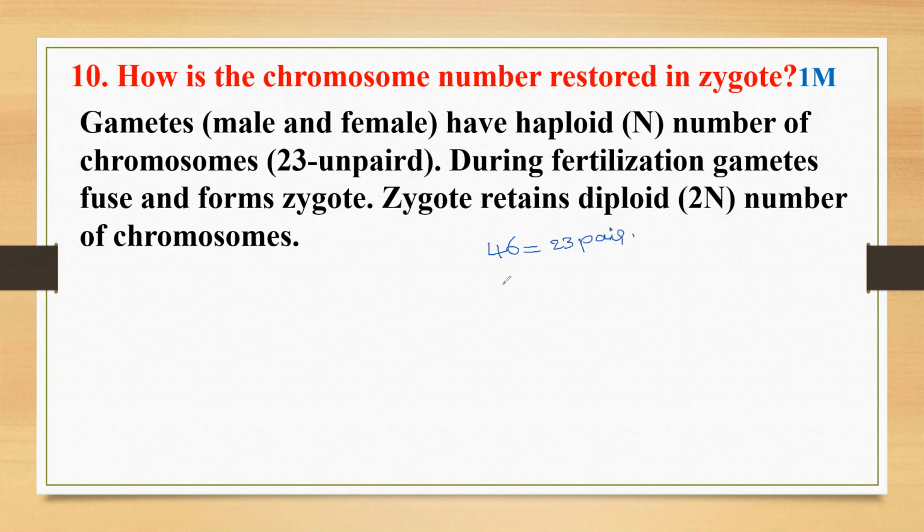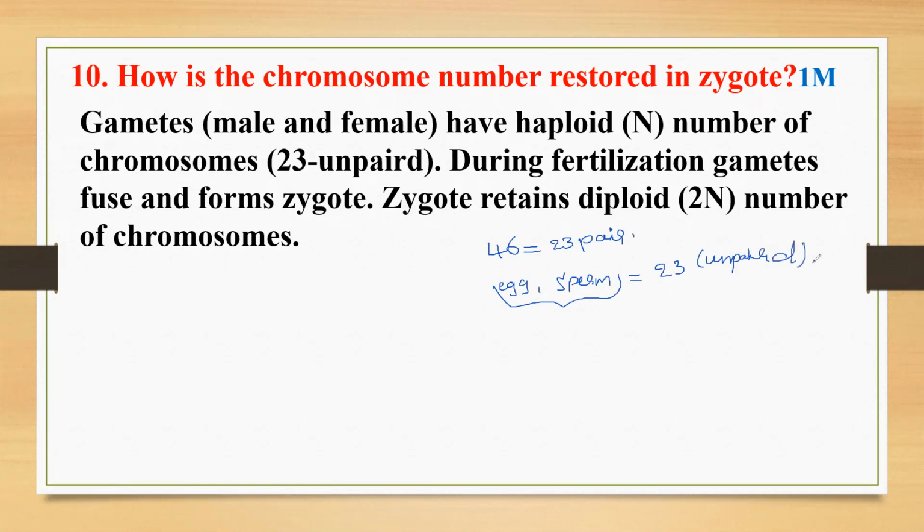except one type of cell. What is that? In females, the egg cell, in males, the sperm cell. The gametes or sex cells possess only 23 chromosomes which are unpaired.